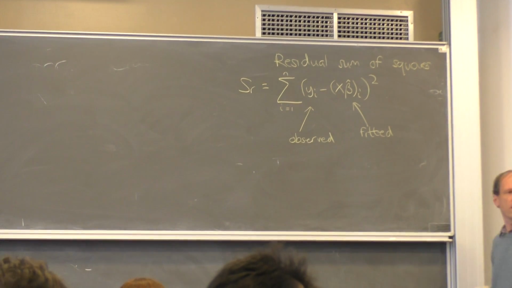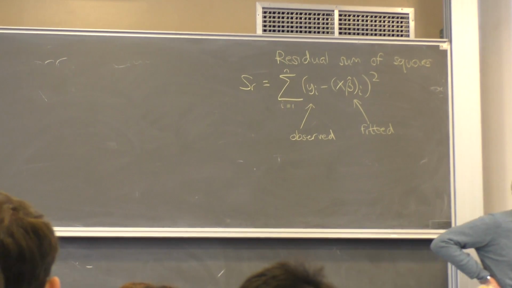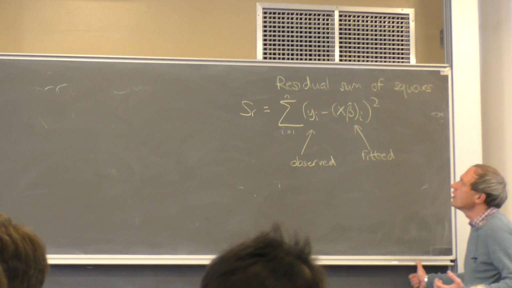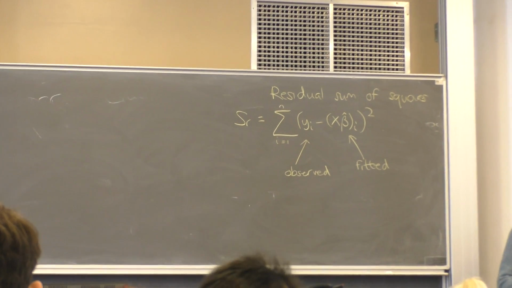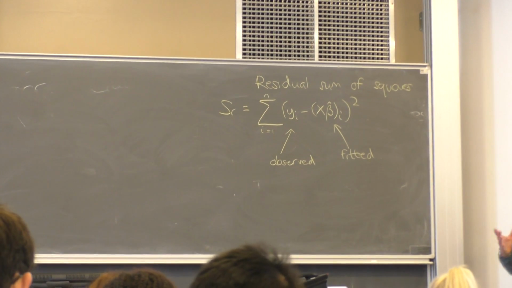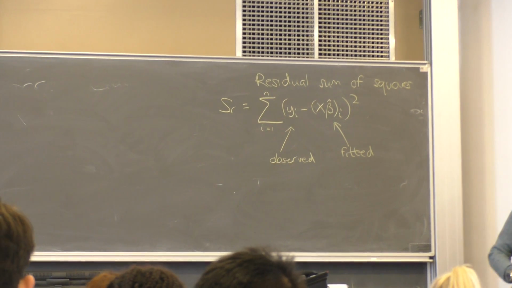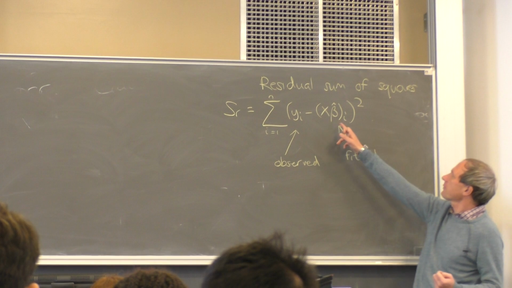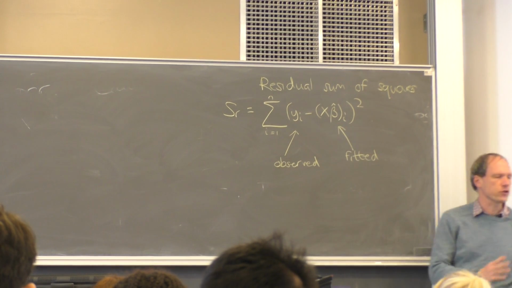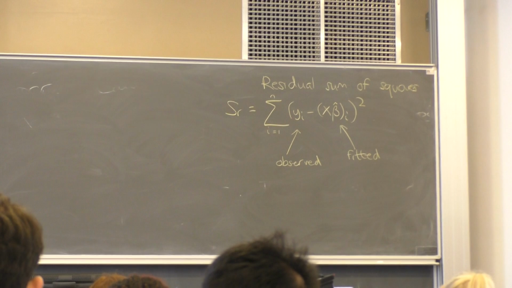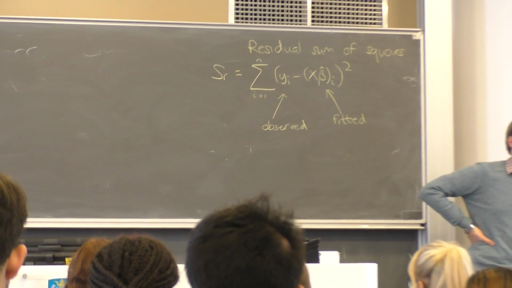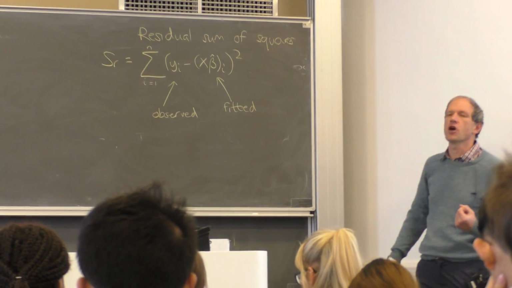I'm going to start off by reminding you of the definition of the residual sum of squares, SR. For each observation, we have the observed value, the data value, yi, and from our model we've got our estimated coefficients, beta hat, and then the vector X beta hat gives us the fitted values for each observation.